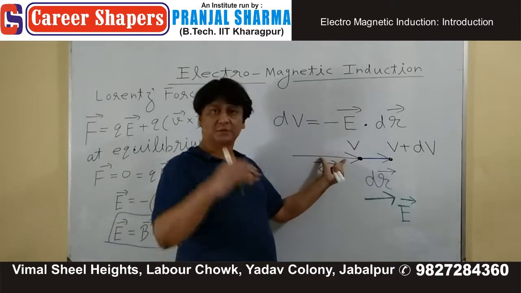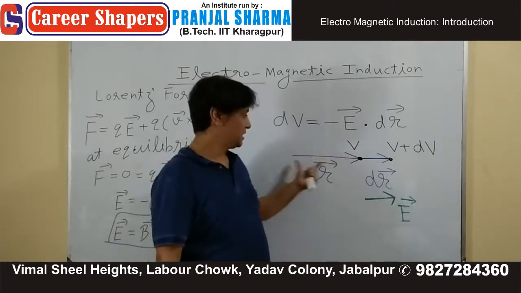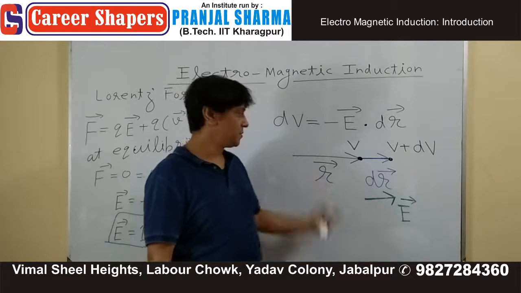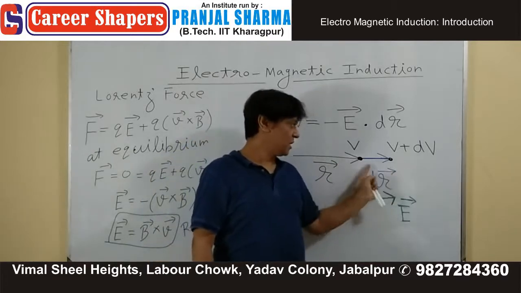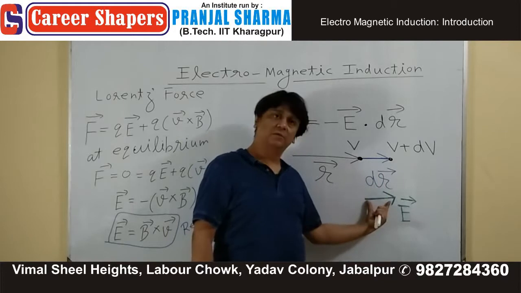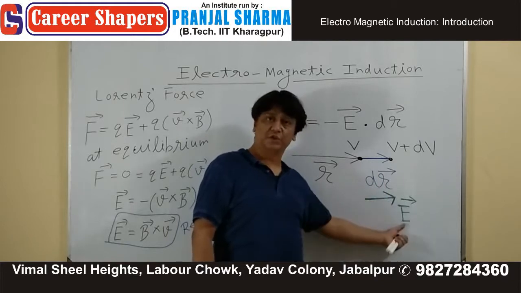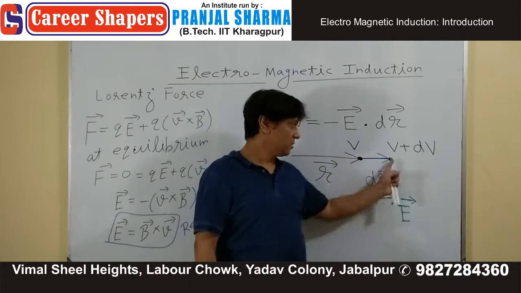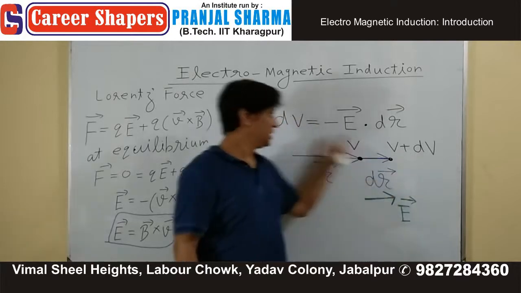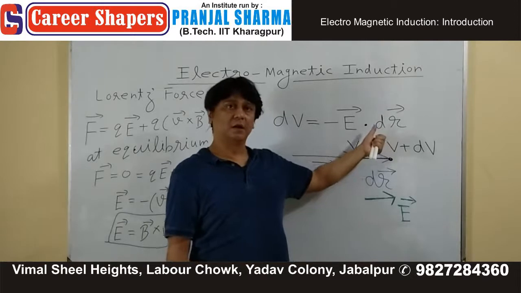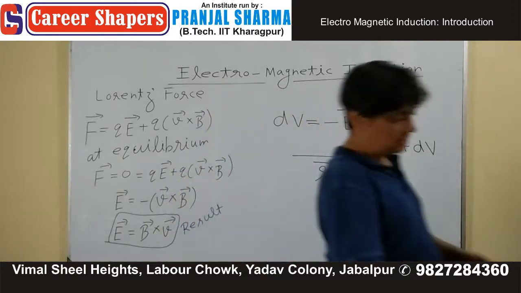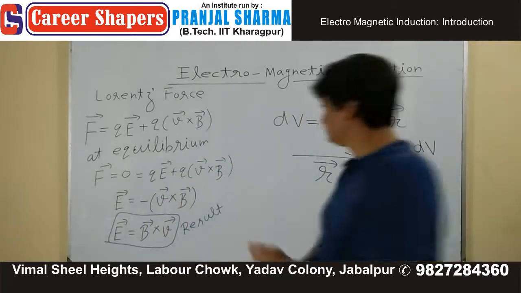At this place, some other electric field will be present. For the entire length of dr, you have this much electric field, given by E, then the potential difference between this point and this point, which is dV, is given by minus of E dot dr. For further detail, I have told you what to do.